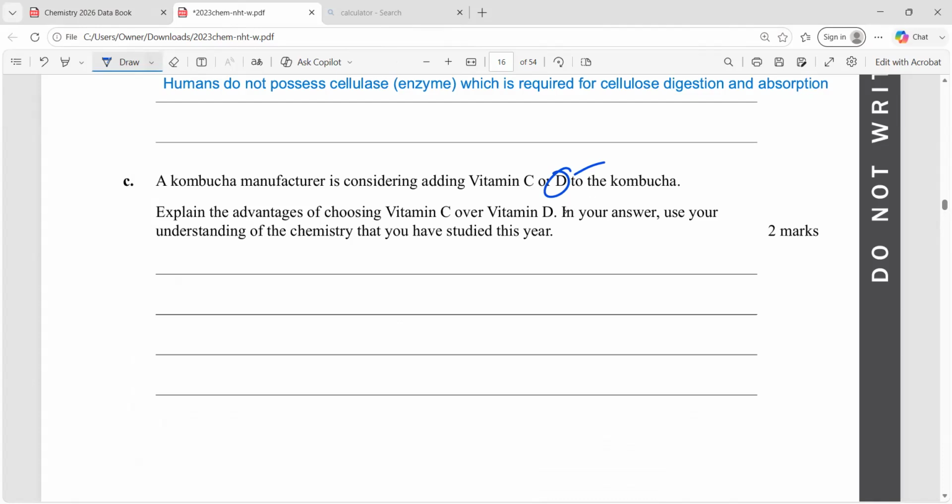The way in which we get vitamin D is via sunlight, which activates a system in which we increase the amount of vitamin D in our blood. Interesting fact, a lot of Melburnians are very deficient in vitamin D because we don't get as much sunlight here.